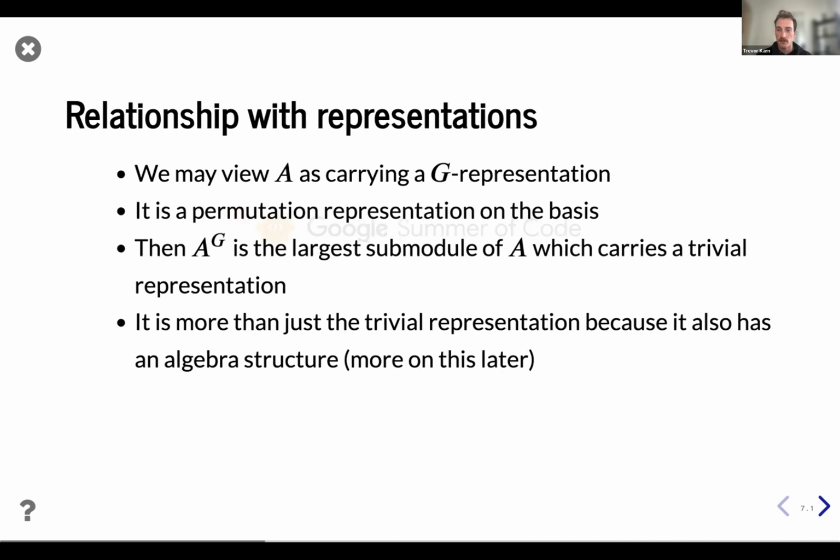This also can be viewed as a representation. We're going to view A as carrying a representation of the group G. And the way that I like to think of it, at least, is as a permutation representation on a basis for A. In this case, A^G is the largest submodule of A which carries a trivial representation.